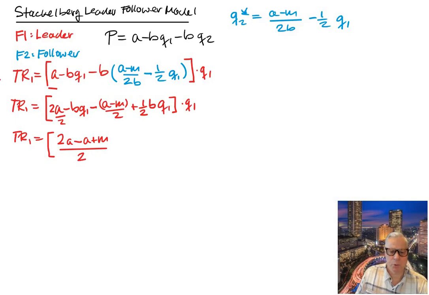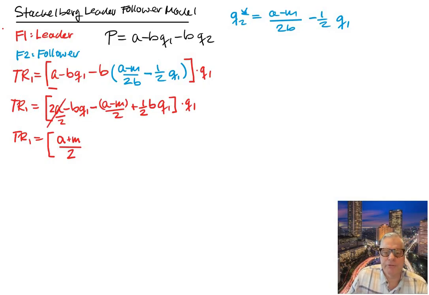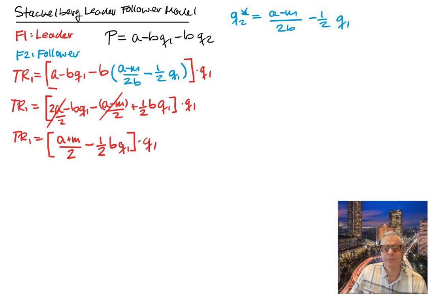But 2A minus 1A, that's just A, so let's just write (A plus M) over 2. Okay, so now we took care of this term. So here we have minus BQ1, and then we add half a BQ1. So that still leaves us with 1/2 B Q1 times Q1.